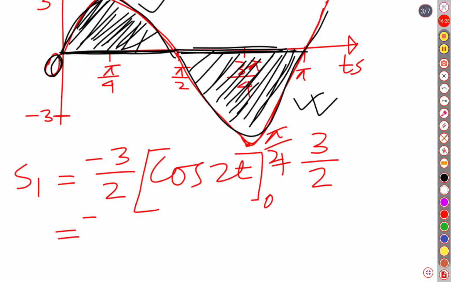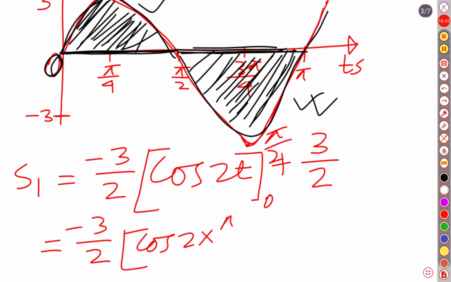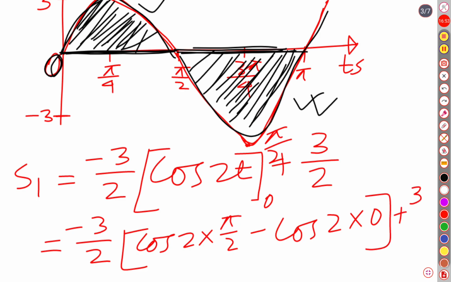It is going to be negative 3 over 2 cos 2t. That means cos of 2 multiplied by pi over 2, minus cos of 2 into 0, and outside that there remains 3 over 2.